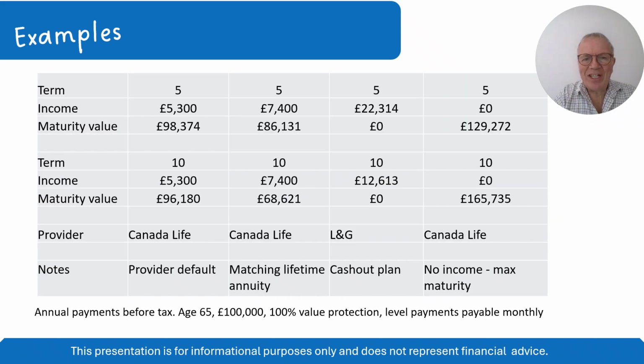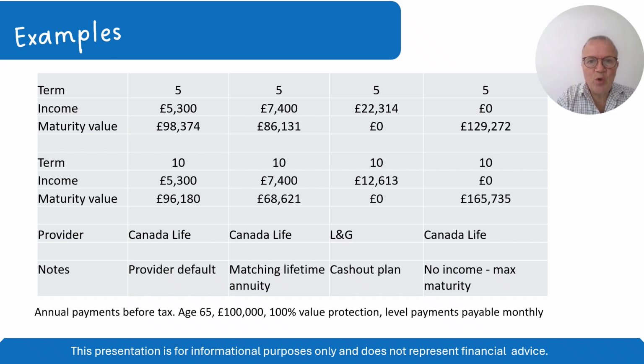So let's look at some examples. Here we have 4 examples for both a 5 and a 10-year term. The first example is what's called provider default. The providers give a level of income which they assume that if you take the maturity value at the end of the term, you can buy a lifetime annuity to get the same income. So £5,300 for a man or a lady age 65 with £100,000.